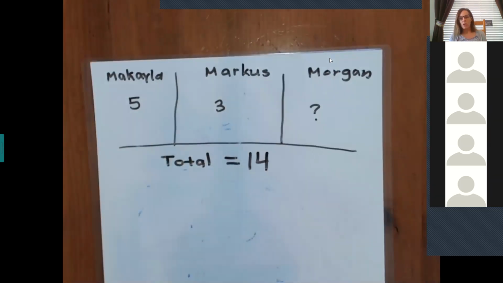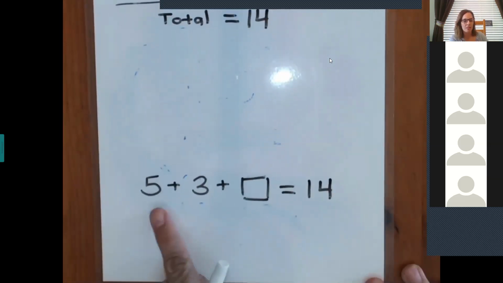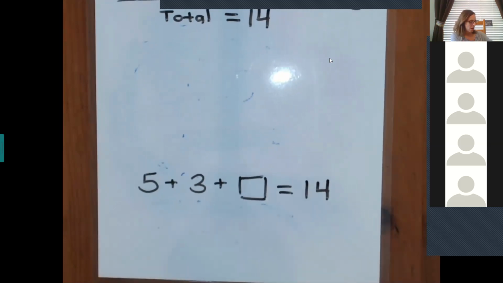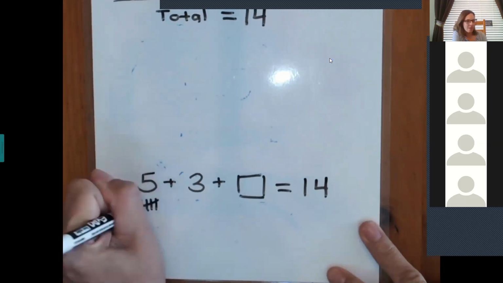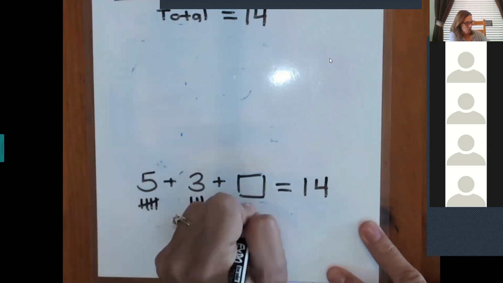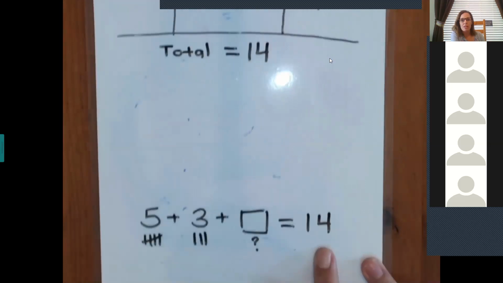Before I started my picture and before I started to try to solve this, I turned this into a number sentence, and here's what mine looks like: 5 plus 3 plus blank equals 14. So I know that Michaela has 5, and I know that Marcus has 3. I don't know how many Morgan has, but I know altogether they have 14.